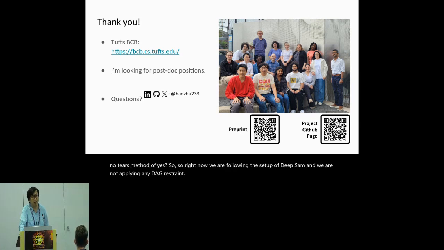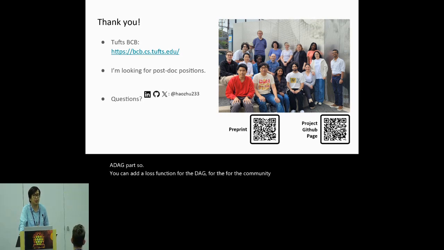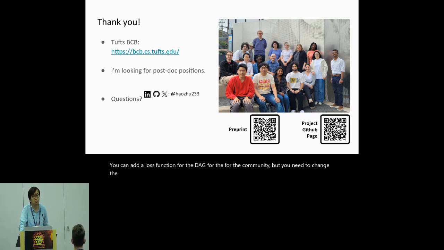In theory, DeepSEM is pretty much like DAG-GNN without the DAG part. You can add a loss function for the DAG, but you need to change the optimizer. So none of the evaluations are constrained to be DAGs in that sense. Okay, thank you. And also, a lot of gene regulation has a lot of loops, so it's not a very strict DAG.